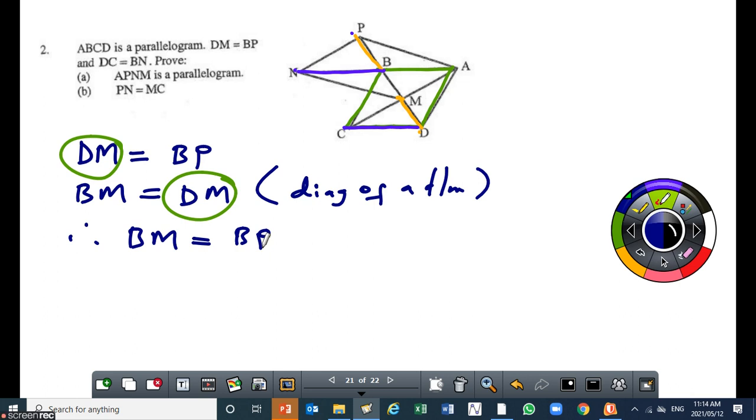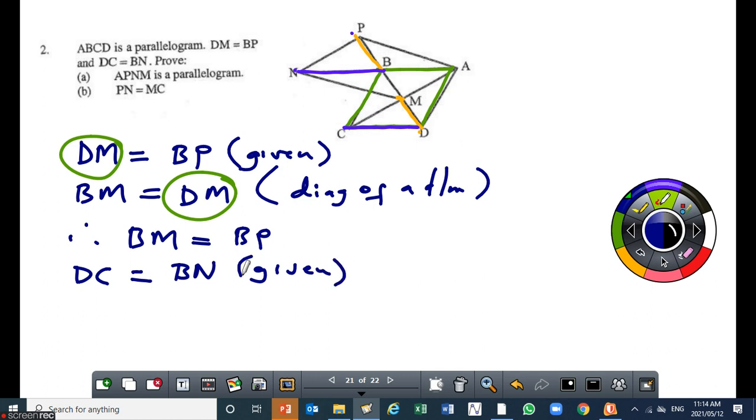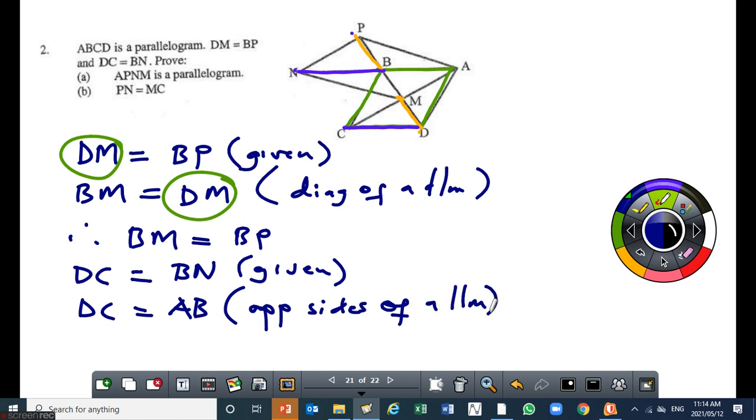Then the next thing is that CD is equal to AB. But we are given that CD is equal to NB. So I'm going to say we are given that DC is equal to BN, given. Also, DC is equal to AB, and the reason is opposite sides of the parallelogram.